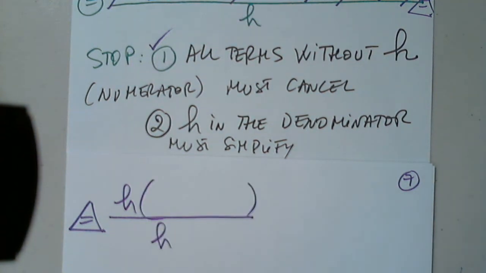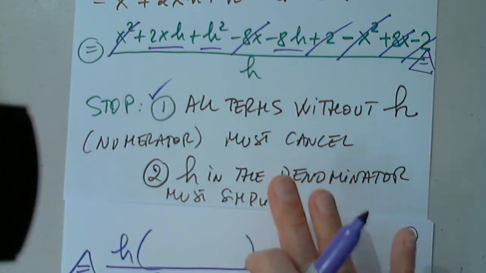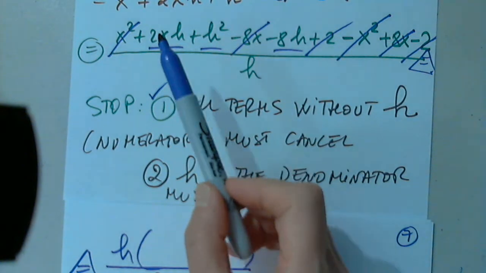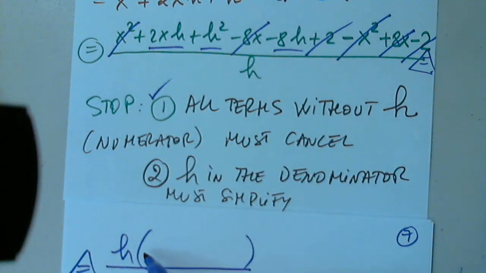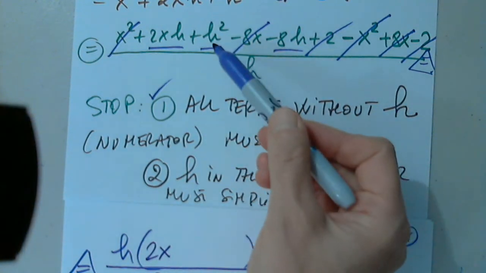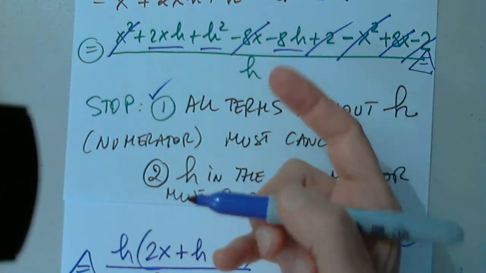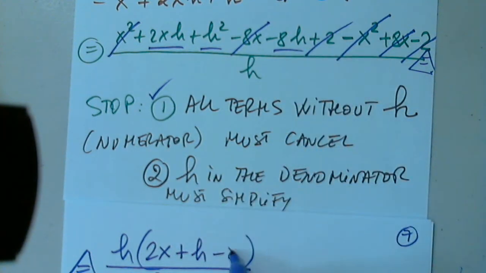Good. So can anyone tell us what is left in parentheses? It's going to be h again because it's h squared, right? We're talking about the first term. 2x from the second term, h. From the last term, minus 8.